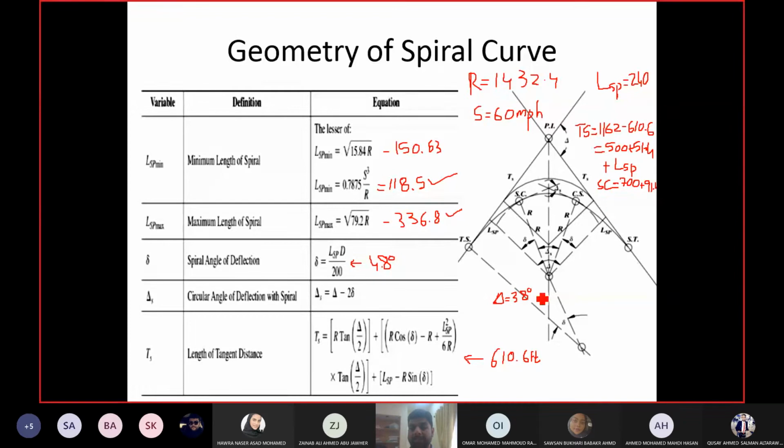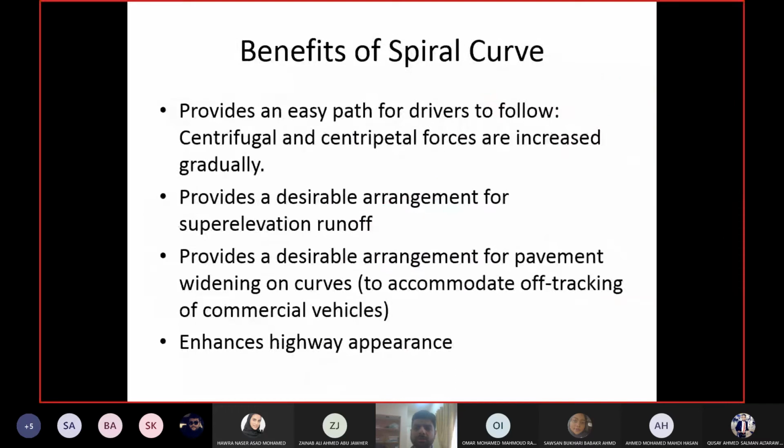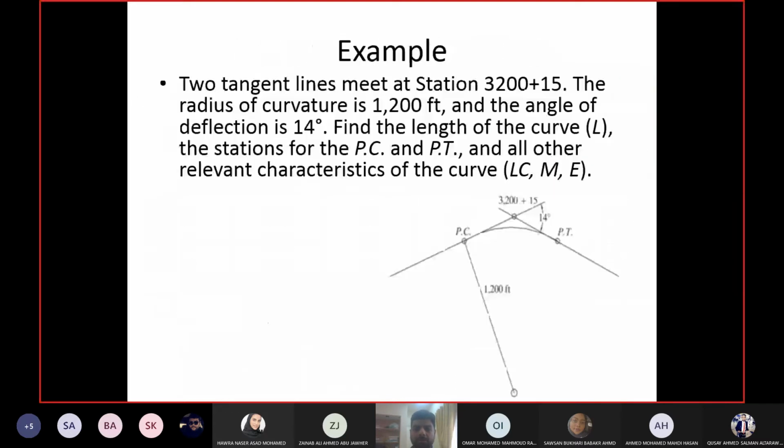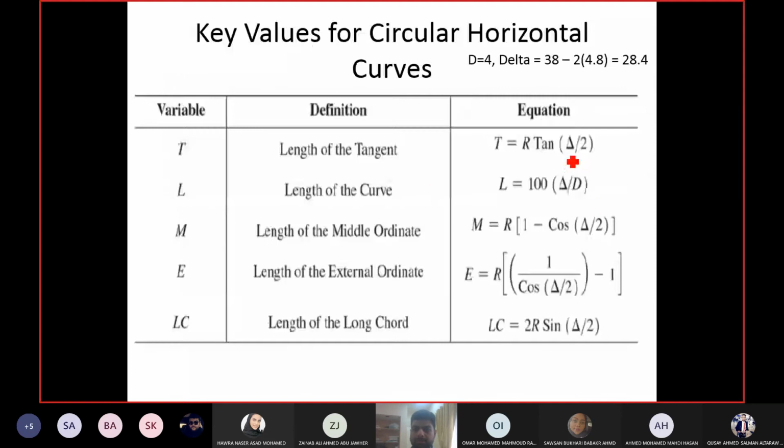Then from SC to CS, I have the length of the circular curve, which is calculated from this equation. We already used the equation earlier. Here I need delta.